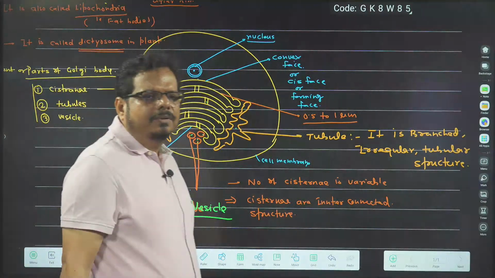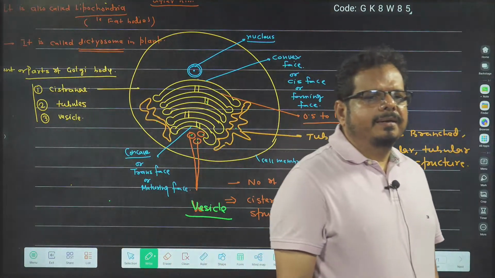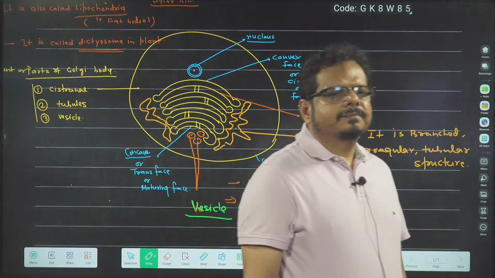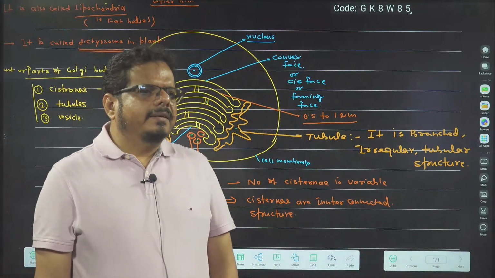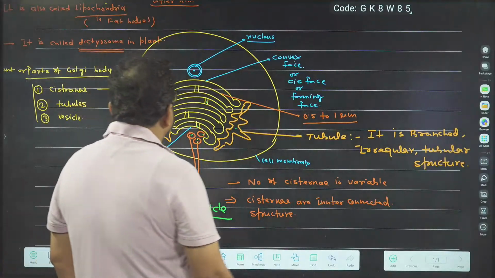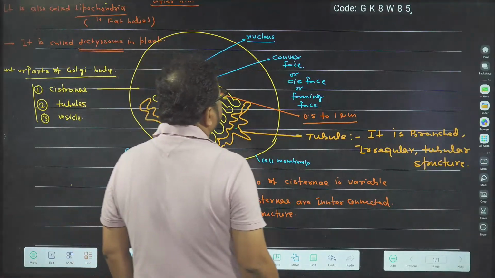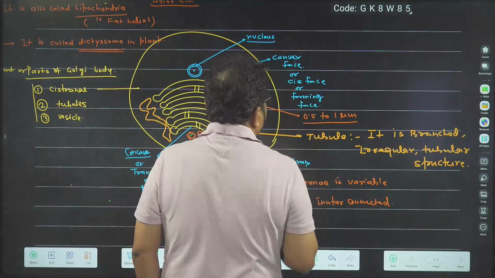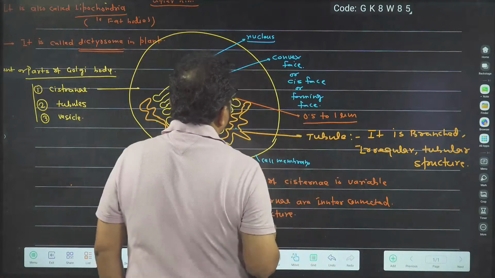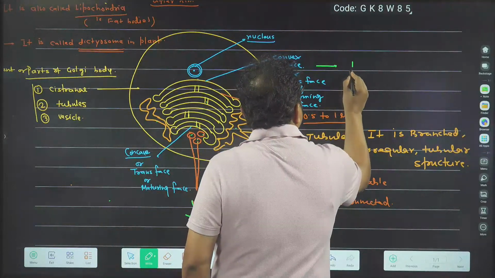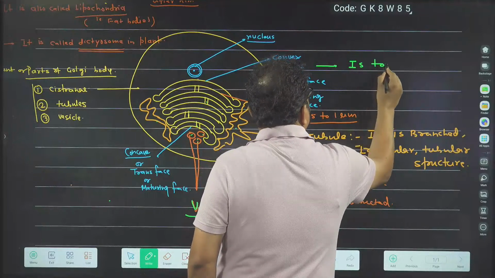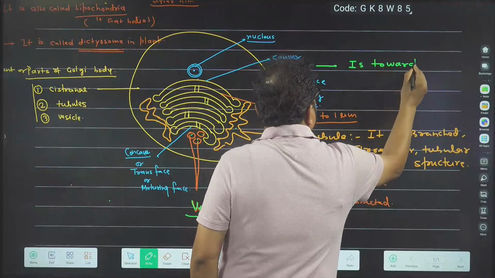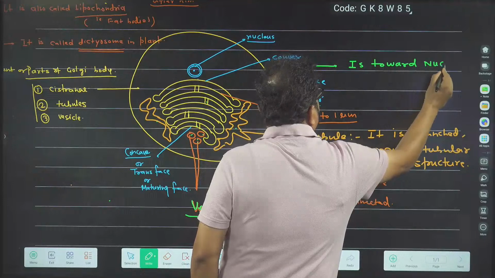Got the idea? A structure of Golgi complex came to mind. Right? It is toward the side of the nucleus. It is not connected with the nucleus. Convex face or cis face or forming face is toward the nucleus, not connected with the nucleus, toward the nucleus.